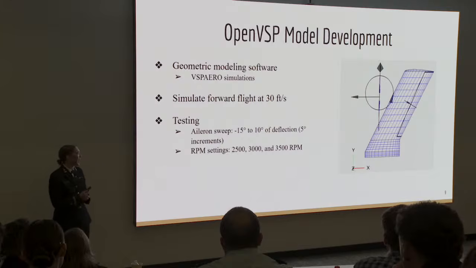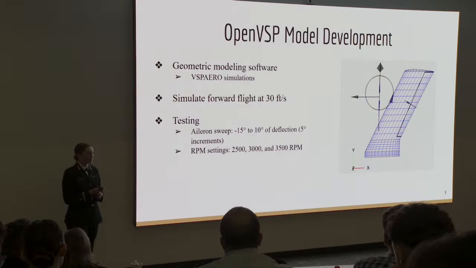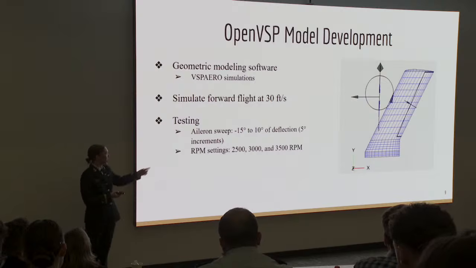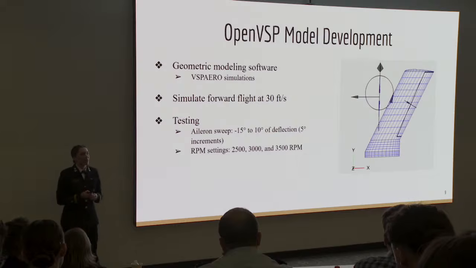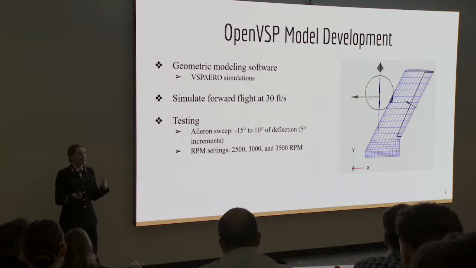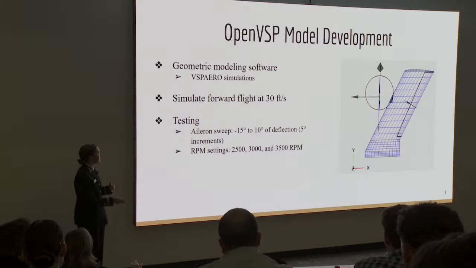Once again, we tested at 5 increments of aileron deflections, and 3 RPM settings. Something to note is that the RPM settings for forward flight were lower than what we tested in hover. This is because forward flight requires a lower RPM for the motor because of the free stream over the wing that's generating lift, so it's less work that the propeller has to do.